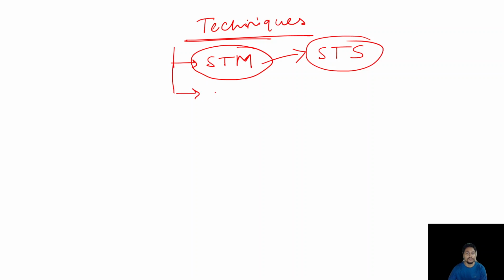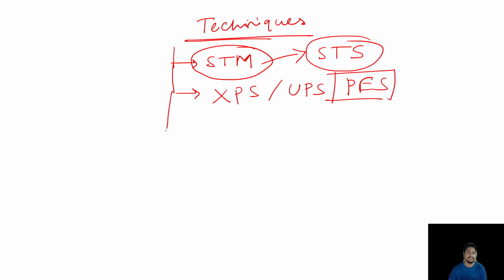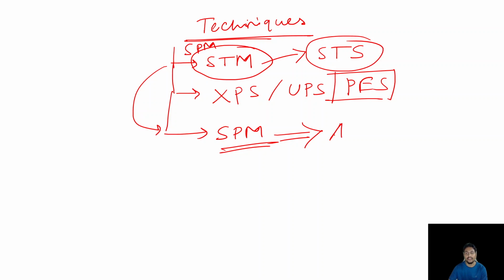Then we learned XPS and UPS, which are photoelectron spectroscopic techniques. Then in the last, again some scanning probe microscope techniques, and in the last week we learned about AFM. I tried to give an introduction in my way for all the techniques.